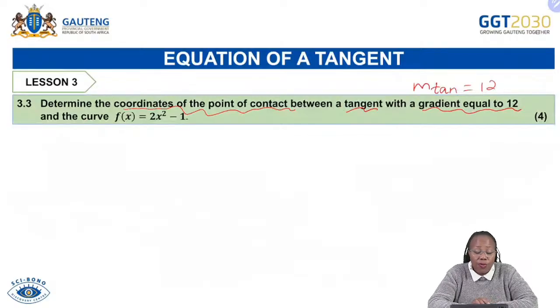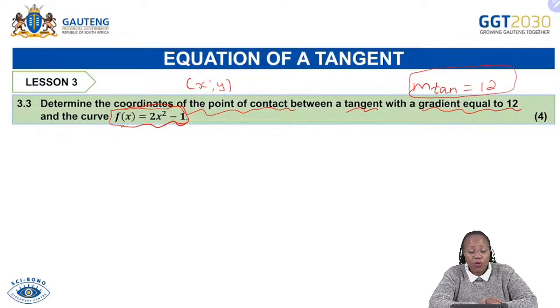We are looking for the point of contact, the value of x and y. And this tangent is a tangent to the curve of f at x is equal to 2x squared minus 1. That means grade 12, basically we are given this formula. You are also given the gradient of a tangent there. So we use the knowledge that we have now.